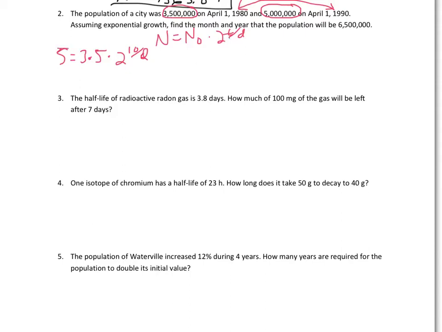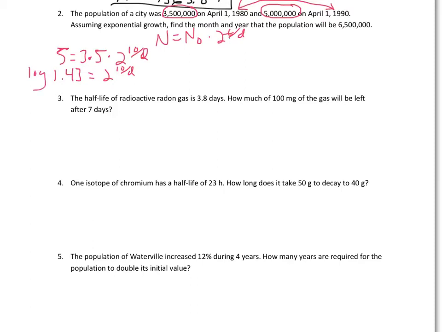In order to do that, I would start by dividing by 3.5, so 5 divided by 3.5. Get that off that side. So we have 1.43 equals 2 to the 10 over d power. Now we can log both sides, or you could write it as an exponential, or as a logarithmic function. Either way works. I'm going to go ahead and log both sides.